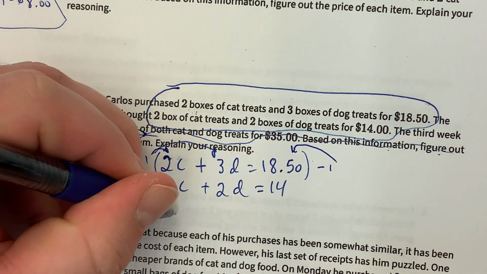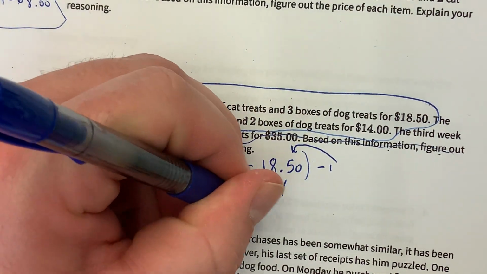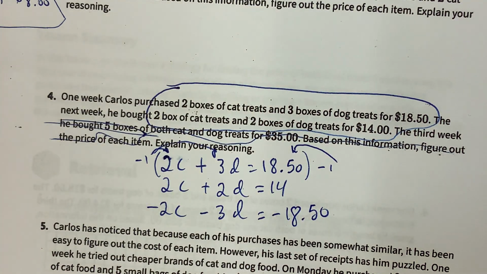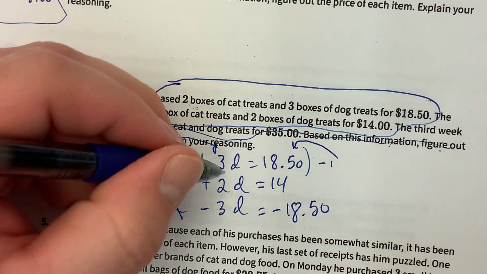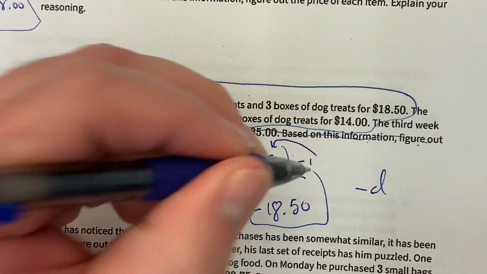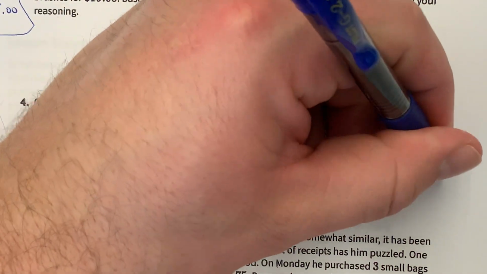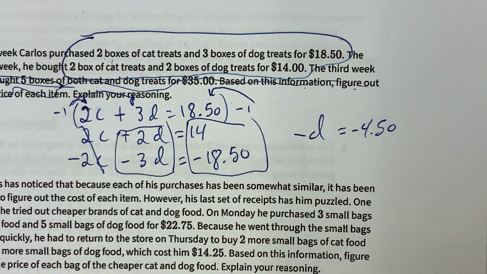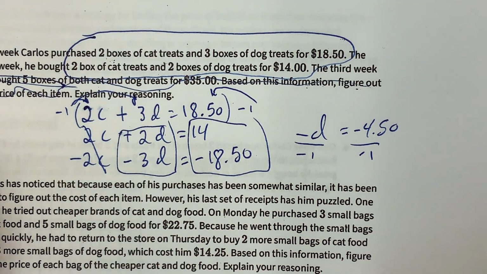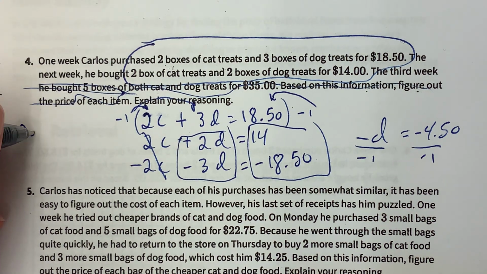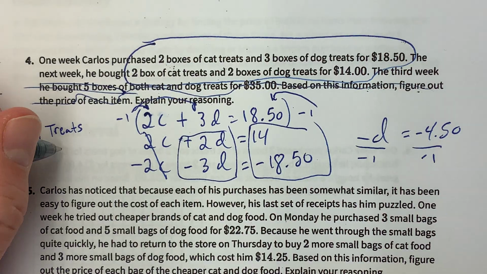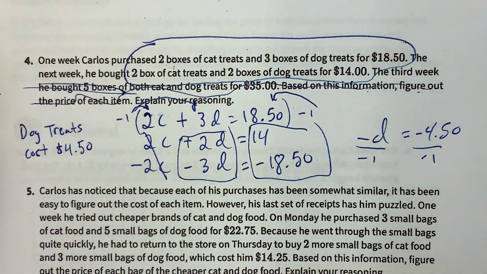Our new equation is 2c minus 3d equals negative 1850. These cancel. This makes negative d equal to negative 4.5. I will divide by a negative on both sides. So the dog treats cost $4.50.